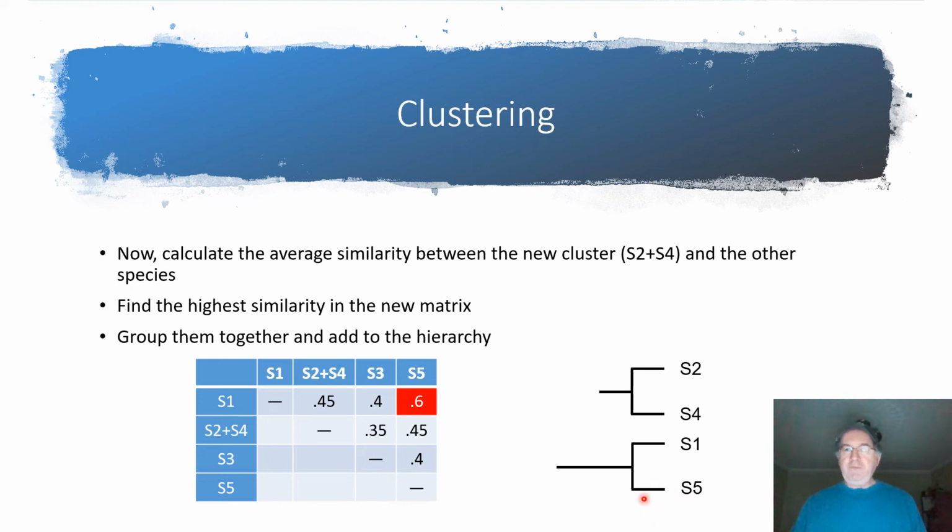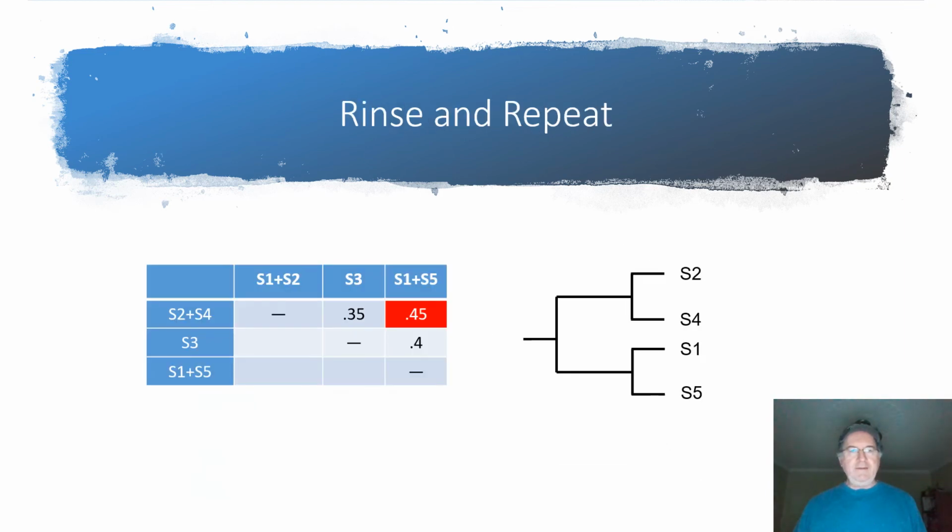The next step, just more of the same. Now we're going to recalculate similarities. I'm going to find the similarity of the group S2 and S4 to the group S1 and S5, and then the similarity of group S3 to S1 and S5. We already have S3 with S2 and S4 here, and we generate a new matrix.